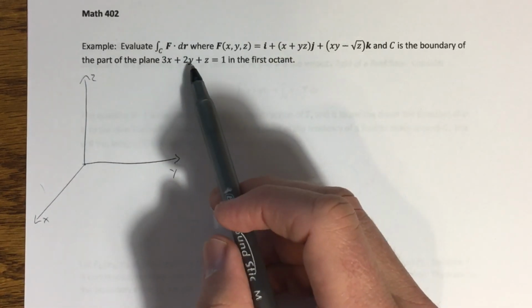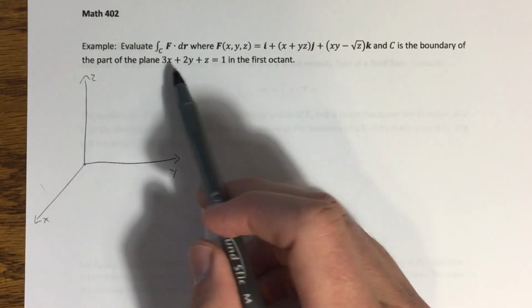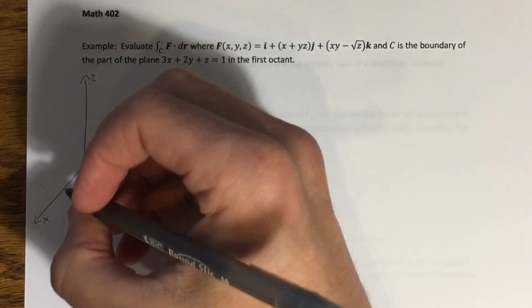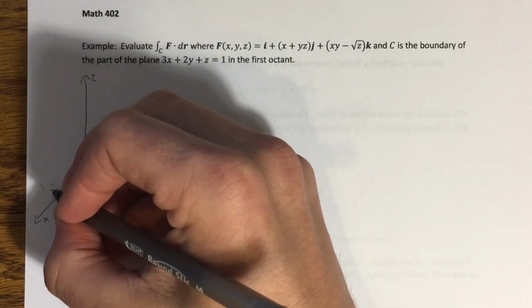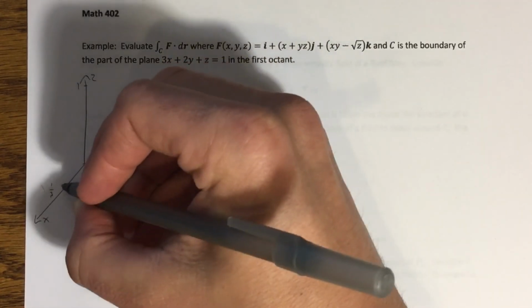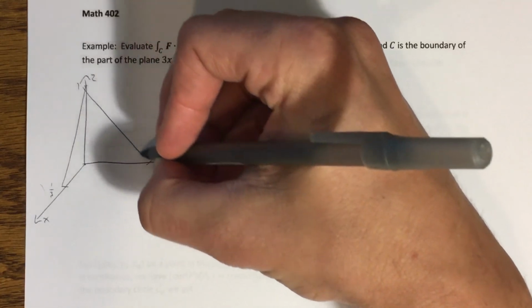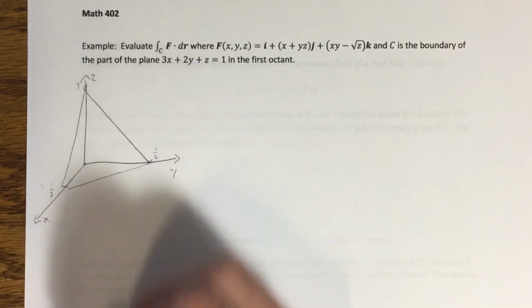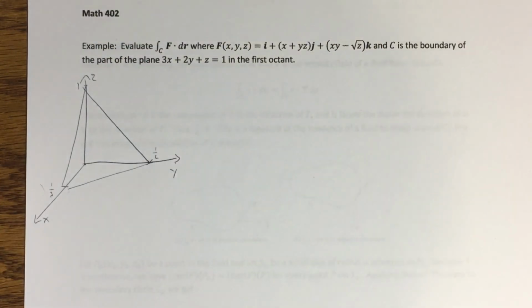So, for example, if I plug in a 0 for y and z, I get 3x equals 1 or x equals 1/3. That's going to be that intercept. Similarly, I'm going to get a 1/2 for y and a 1 for z. So that gives me this guy right here.